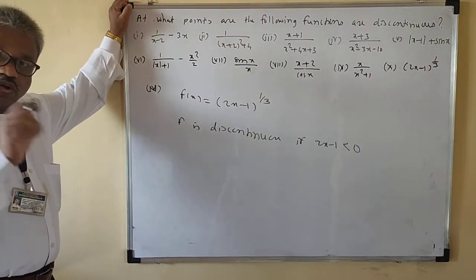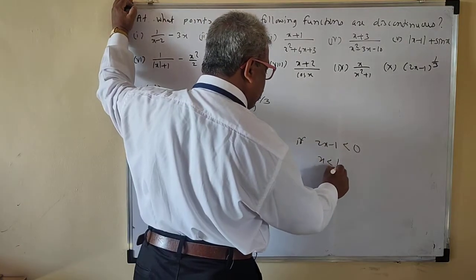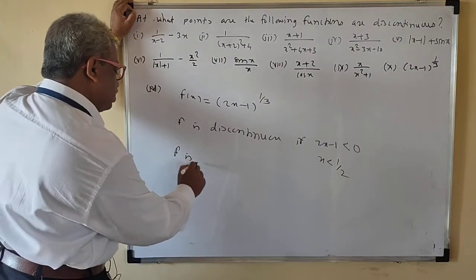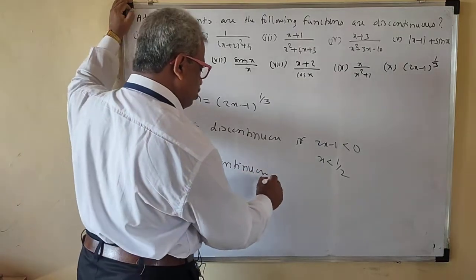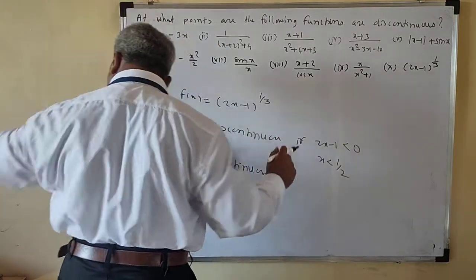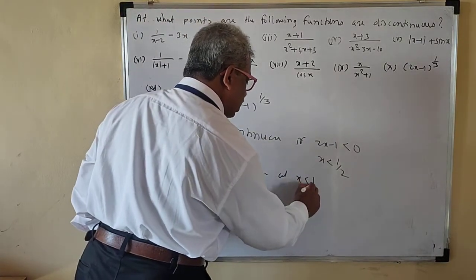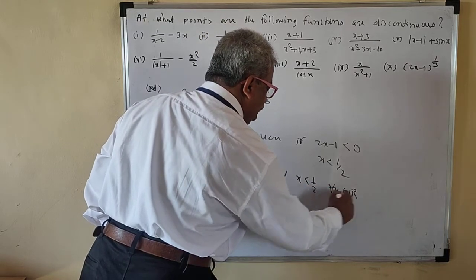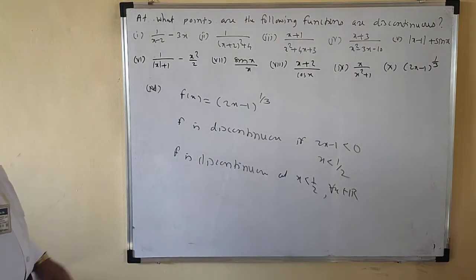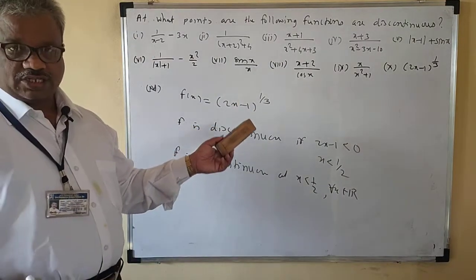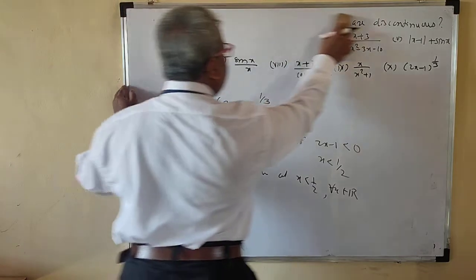That means x is less than half, right? So for x less than half, your function is discontinuous. Power is fractional. Okay, if power is a natural number, then no problem. Then the function will be continuous everywhere. Okay.